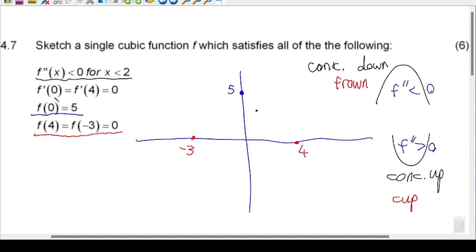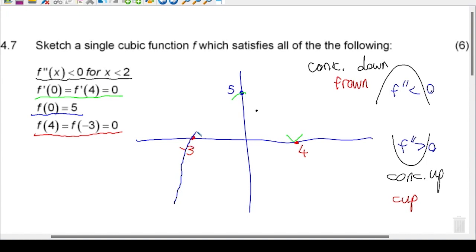The last piece of information is that the graph actually turns at 0 and at 4. So there are turning points. The gradient is 0 at 0 and at 4. So the graph does something like that. And we know that it's concave down at 0, so it definitely is a maximum turning point.